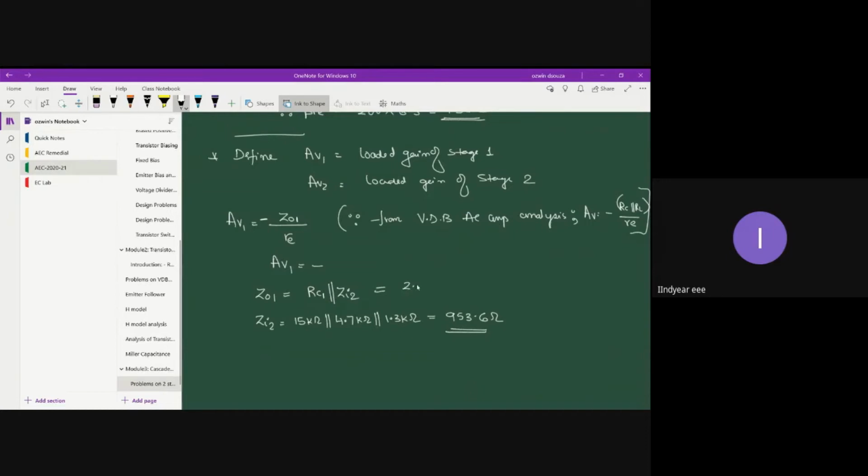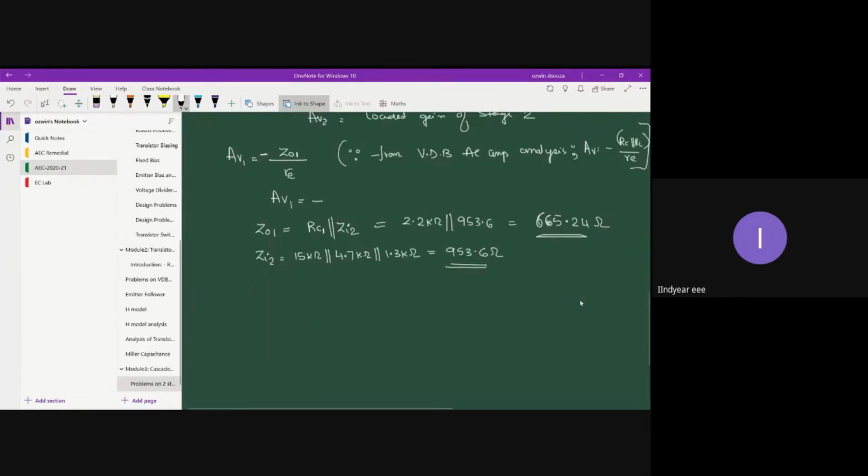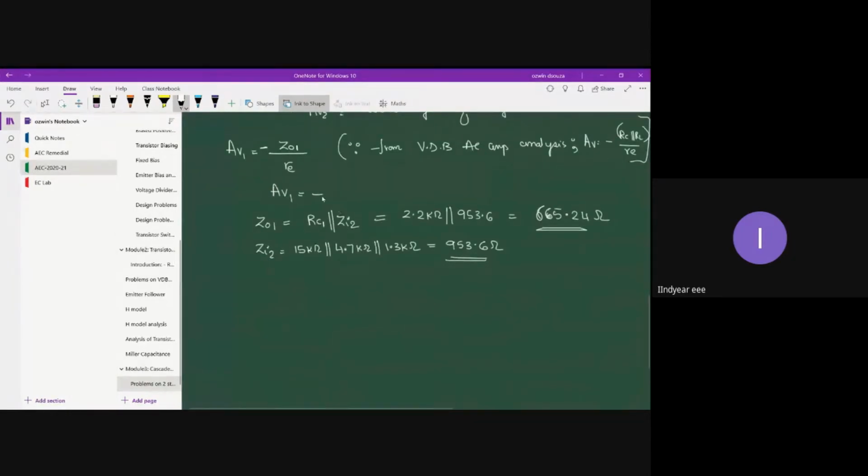Z01 is going to be 2.2 kilo ohm parallel with 953.6, so that you will get it as 665.24 ohms.